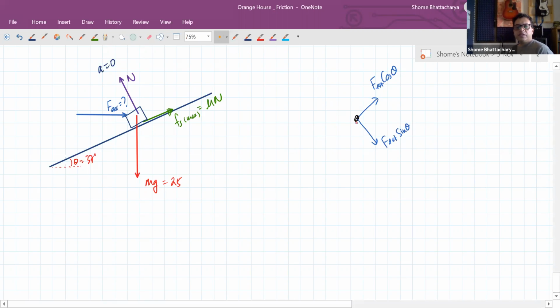Then the components of weight will become mg cos theta, which we already saw was 20 newtons, and mg sin theta, which we already saw is 15 newtons.